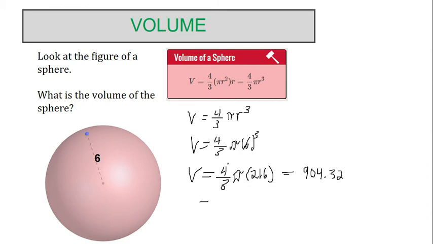So I did 4 times 216, I divided by 3, and I actually got 288 exactly. So 288, and the pi is still there. So the exact volume is 288 pi cubic units, which is about equal to 904.32 cubic units.